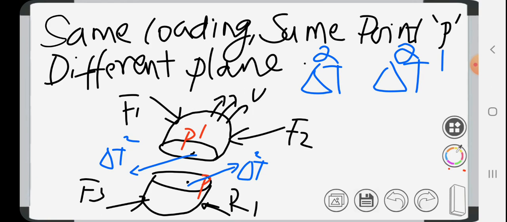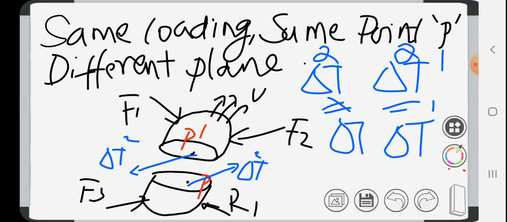So these are the internal forces in this case, but in the previous case it was delta T and delta T dash. So these are different, they are not equal in magnitude, nor equal in the direction, right?